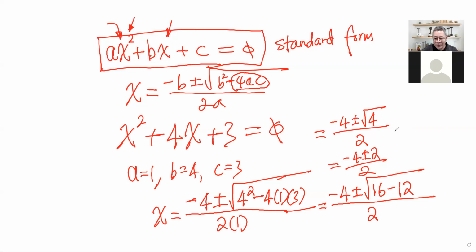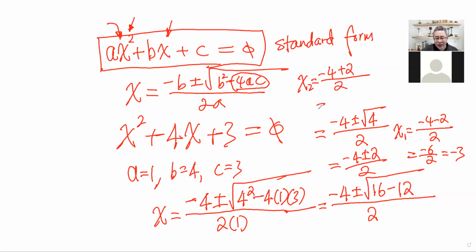So the first one, x1, is -4 minus 2 over 2. That's -6 over 2, which gives us -3. And the other one is -4 plus 2 over 2. That is -2 over 2, which gives us -1. So we have solutions of that.